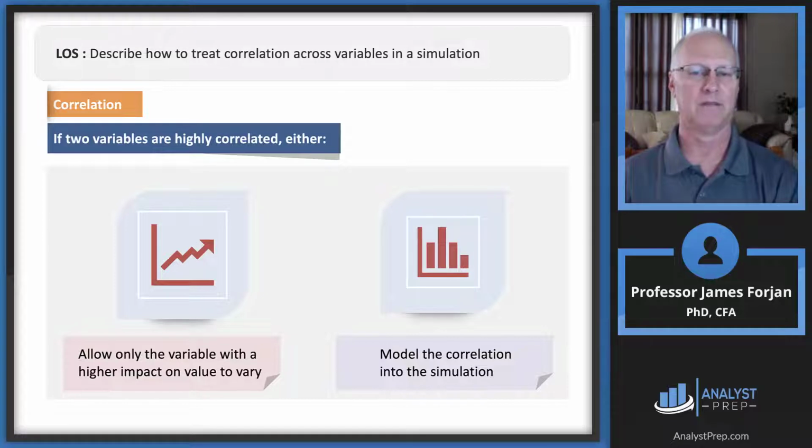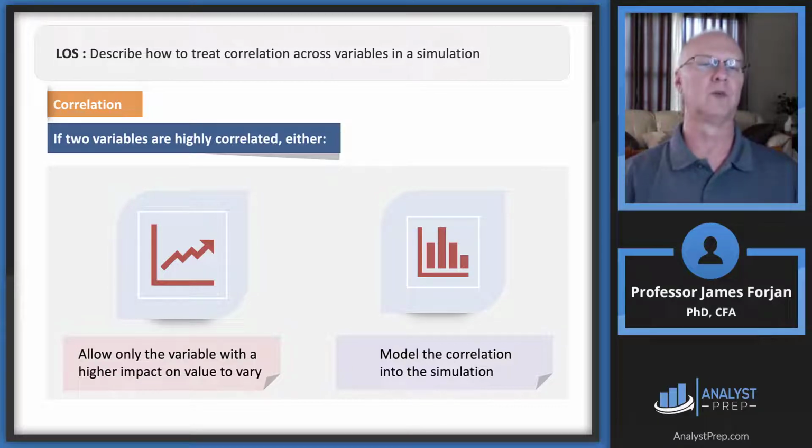And I'll leave that up to you to try to figure out what is that cutoff point for high correlation and non-high correlation. But when you take exams, I would think that the CFA Institute would make it clear. If they put like a 0.73 in there, you'd scratch your head and say, well, maybe not. So I'm guessing they would say 0.85 or 0.89 or 0.91 or something like that.